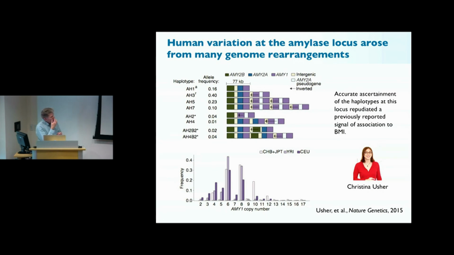Christina Usher has done a lot of work in exploring the amylase locus, and we were able to show, us and a lot of other groups, that some of the early reports on an association to BMI were probably just not right because some of the measurement and the analysis of the haplotypes didn't take into account the full range of the structural haplotypes of the amylase locus.